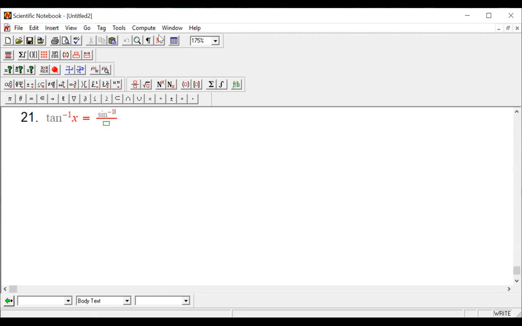Arcsine and cosine. Okay, so I'm going to explain to you. This is a terrible, I would say horrible, mistake. Let me explain how horrible it is.